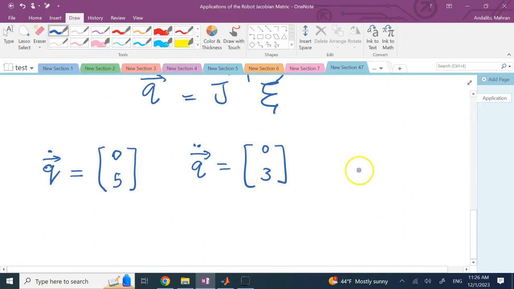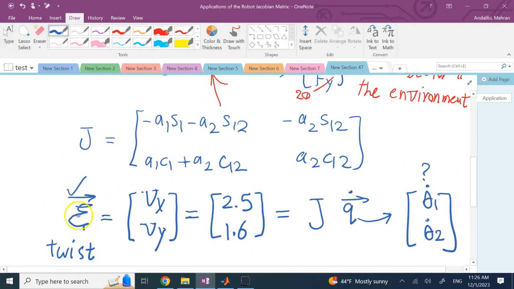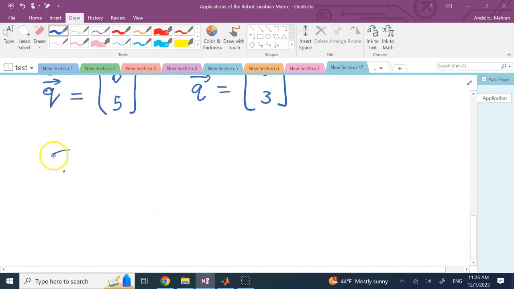And the question is, what is v of the end effector? What is a of the end effector? Well, v of the end effector in this case is the same as xi, right? So xi, which is the v of the end effector in the base, is simply equal to J times q dot. So we multiply that J by q dot, and that's it.